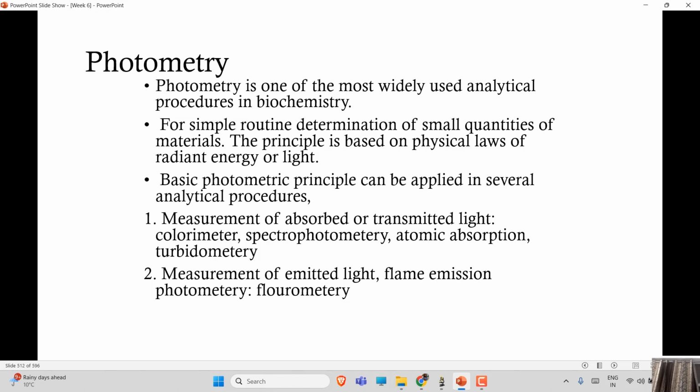The basic photometry principle can be applied in several analytical procedures like measurement of absorbed or transmitted light: colorimeter, spectrophotometry, atomic absorption, turbidimetry; and measurement of emitted light: flame emission photometry, fluorometry, etc.